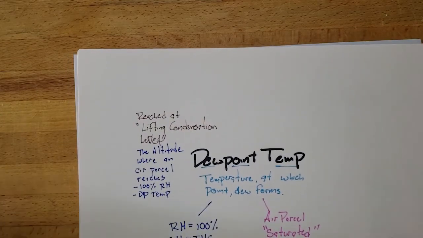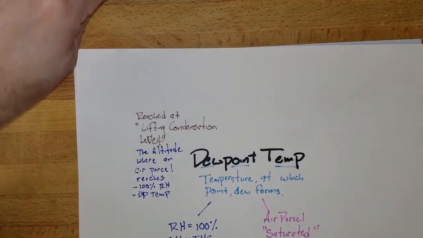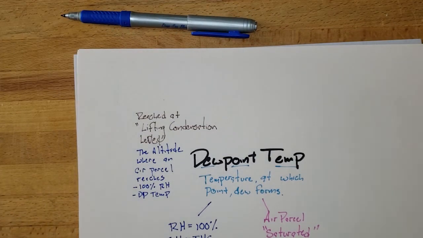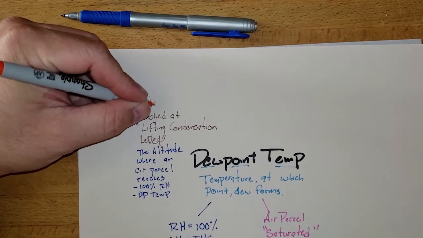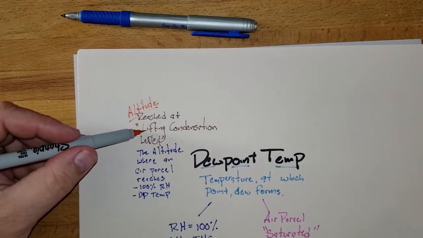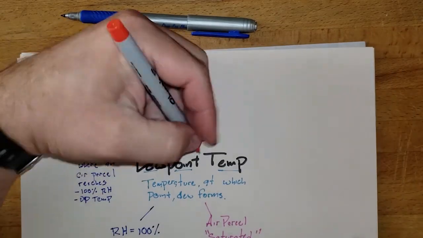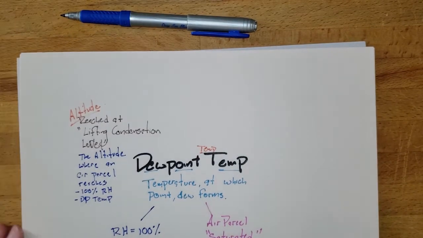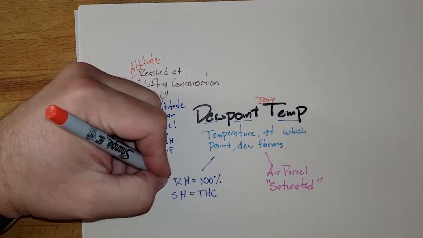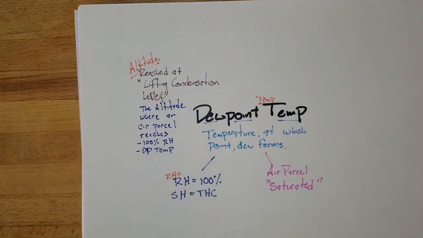Okay, so there is an altitude associated with all of this as well. The altitude is going to be that lifting condensation level. The temperature is going to be the dew point temperature. The relative humidity is going to be equal to 100.